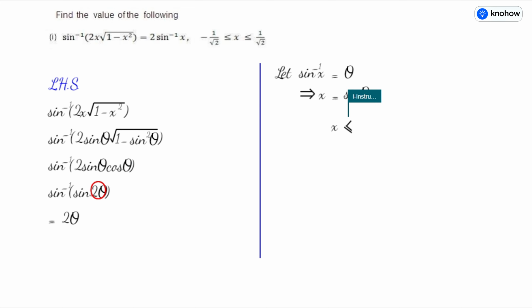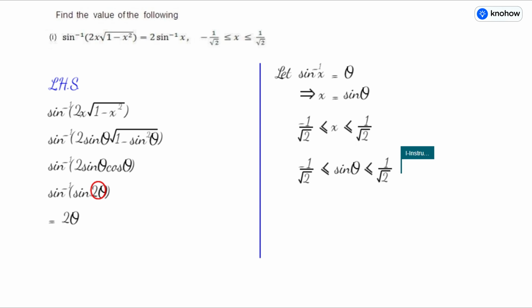Now just see what is the meaning of this condition. x lies between negative 1 by root 2 to 1 by root 2. What is x? x we have assumed to be sine theta. So sine theta lies between negative 1 by root 2 to 1 by root 2. What is that angle whose sine is 1 by root 2? 45 degree or pi by 4.